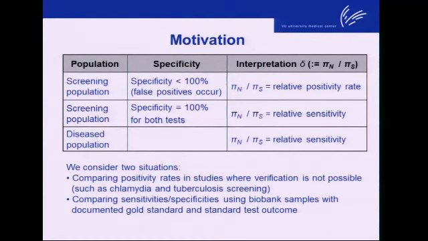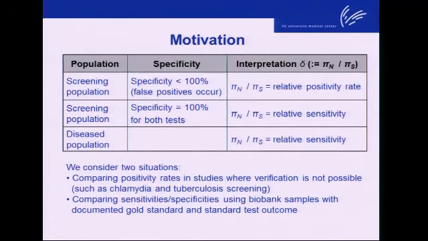So the pi n and pi s in this case are positivity rates, which are most informative if you know the specificity of the test is like 100%.